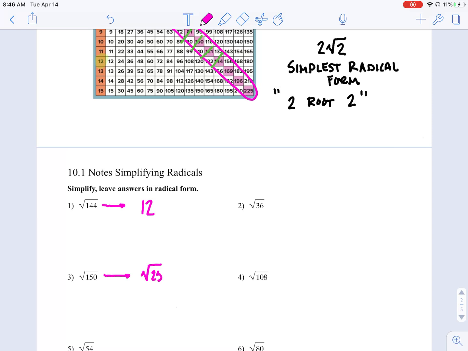You can use your calculator to figure out that 150 divided by 25 is equal to 6. So 25 times 6 equals 150. Now what that allowed me to do was to factor it into part of which is a perfect square. So now I can take that perfect square part, make it into a 5, and the root 6 part I can't do anything more with.